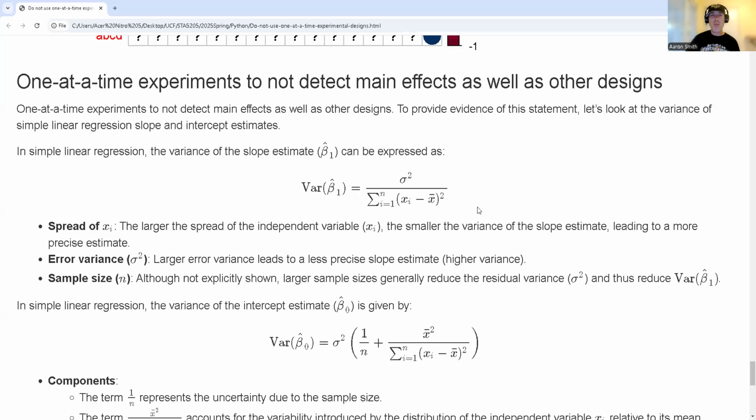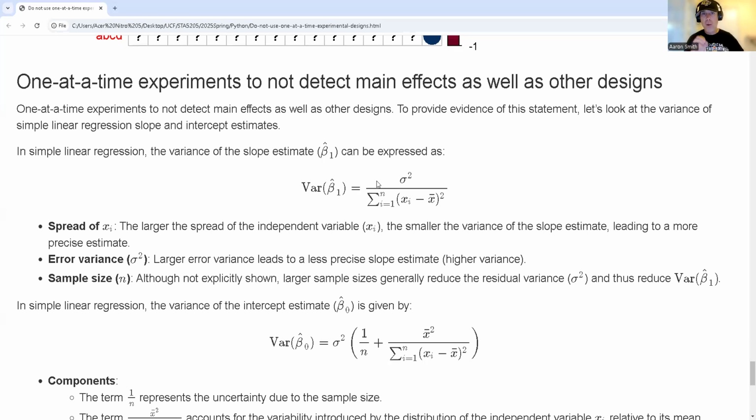X minus x bar and then I square it and I add it up. Doesn't that look a lot like the variance of x? Yes, it does. Now, depending on which formula for variance estimate you want to use, I could multiply the top and bottom by n-1 or n to get the s of x.